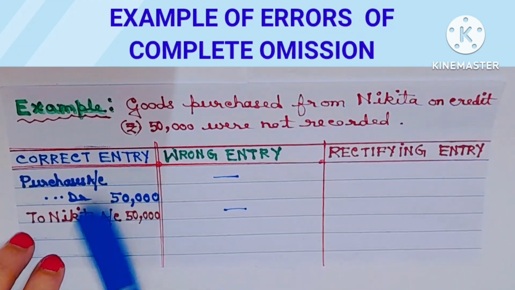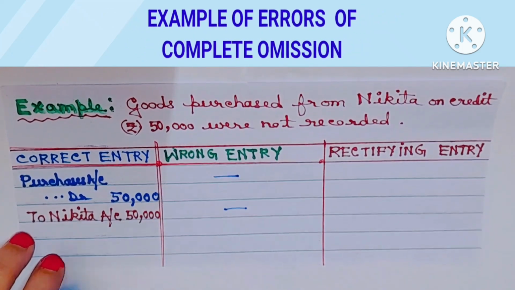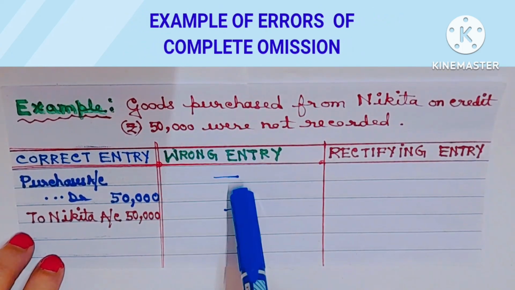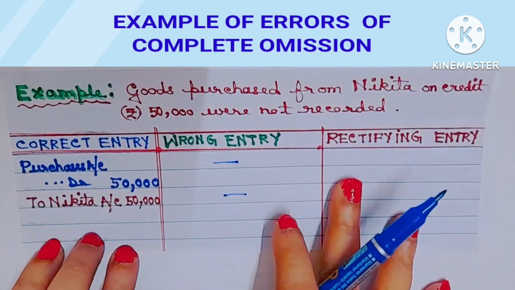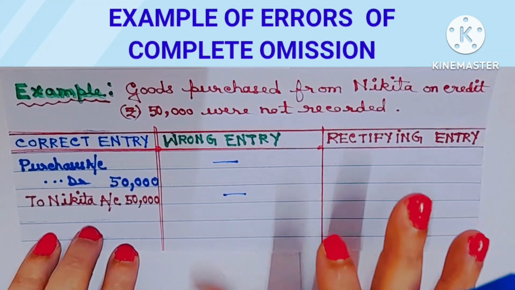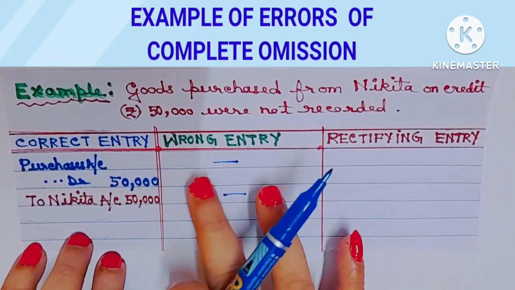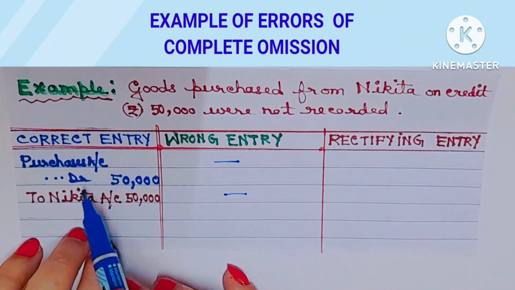Okay. Purchase account debit 50,000, we haven't recorded on the debit side. So in the wrong entry, nothing has been recorded on the debit side. So what you have to do? To rectify the journal entry, the first thing we have to do is to compare the correct entry with the wrong entry. So let's see the debit side first. Purchases account debit 50,000.